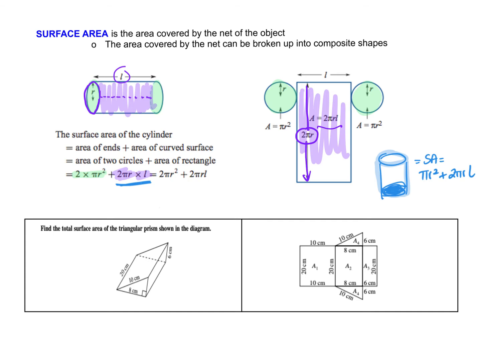Down here, if you've got the triangle, often this could be a tent, and sometimes they'll say it's a sunshade or something like that. The base might not be included, so you have to be really careful with the questions. When you break this up, you have all the different sides. These 2 triangular ends, you find the area of a triangle and times it by 2.